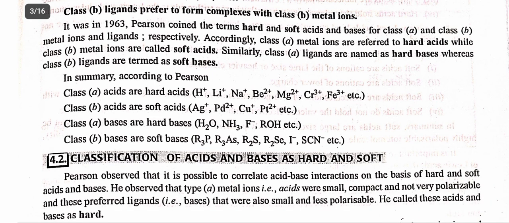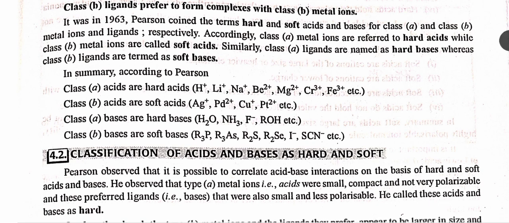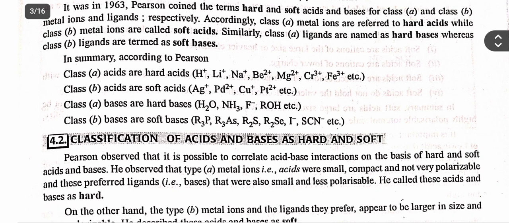In summary, according to Pearson, class A acids are hard acids like H+, lithium+, sodium+, beryllium 2+. Class B acids are soft acids like Ag+, palladium 2+. Class A bases are hard bases, H2O, NH3. Class B bases are soft bases, R3P, R3As.